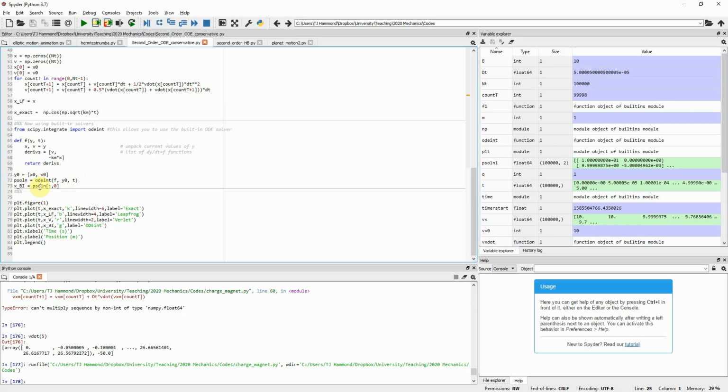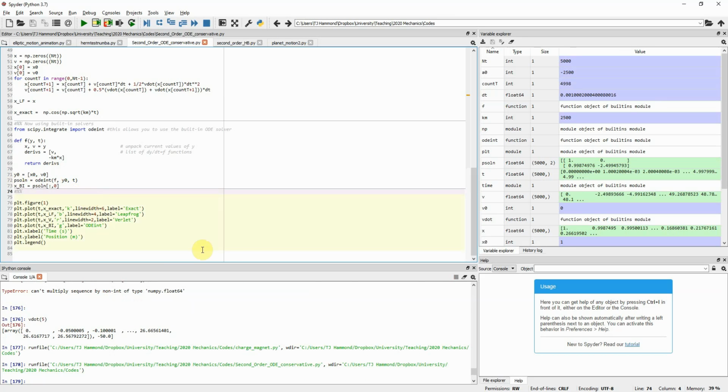Of course, we'll have two rows of these columns that are nt long. So the 0th one will be x and the first one will be v. But in this case, we don't care about v because there's no velocity dependence.